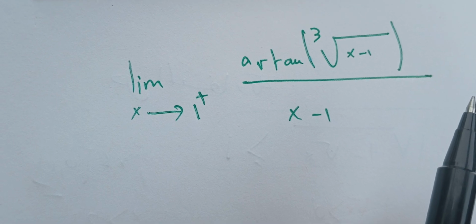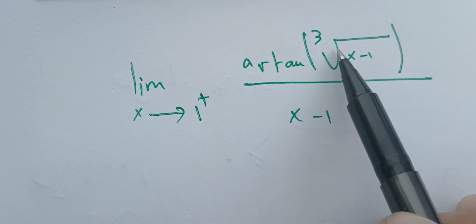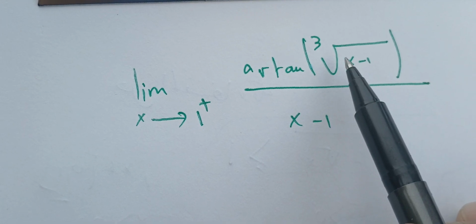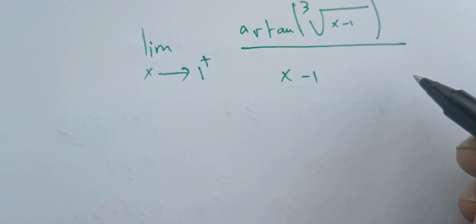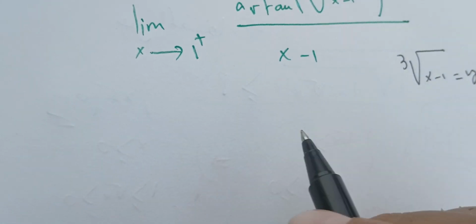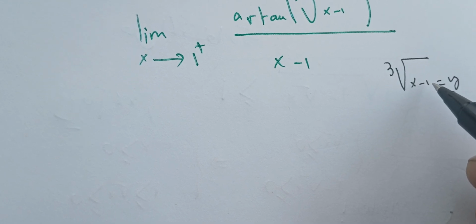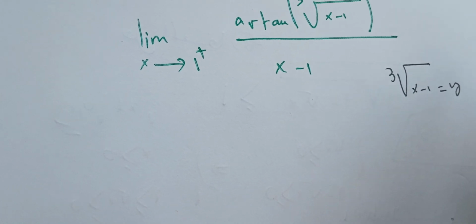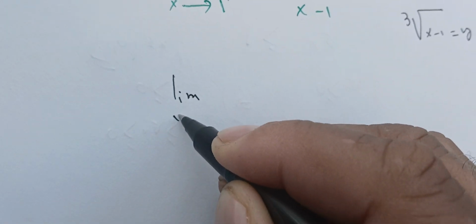The first one is that we can get rid of the root by letting y be this value. As x goes to 1 from the right, y is going to go to 0 from the right. That's the key that we need to keep in mind.